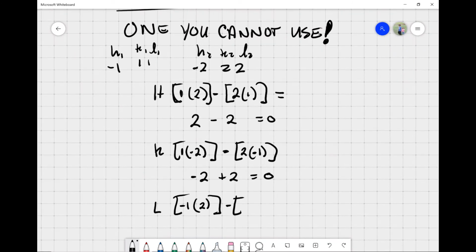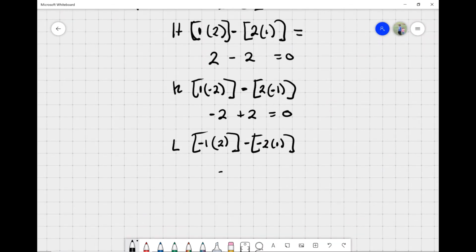So I feel like I'm playing bingo. H2 times K1 is 1. And again, we have minus 2 plus 2 equals 0. All right, so you can't have a zone axis of 0, 0, 0.